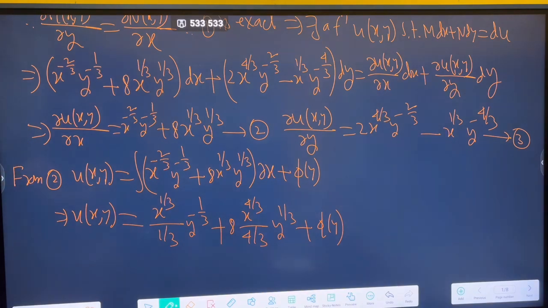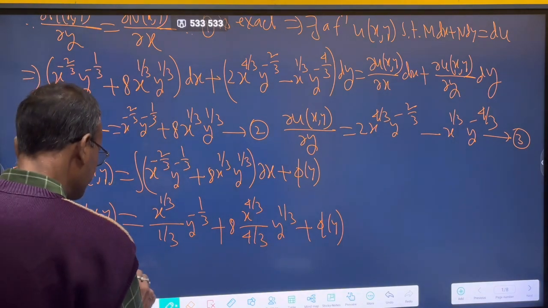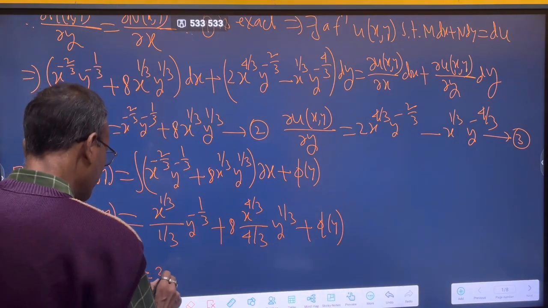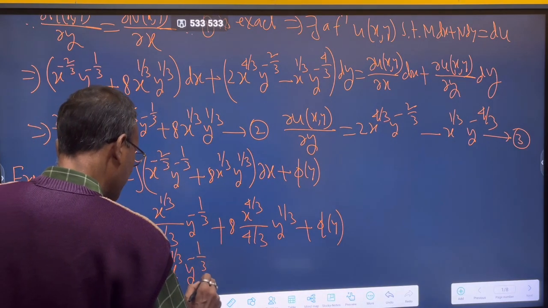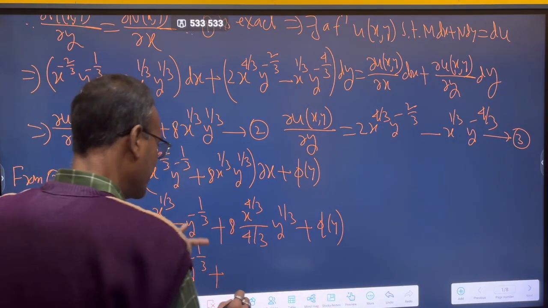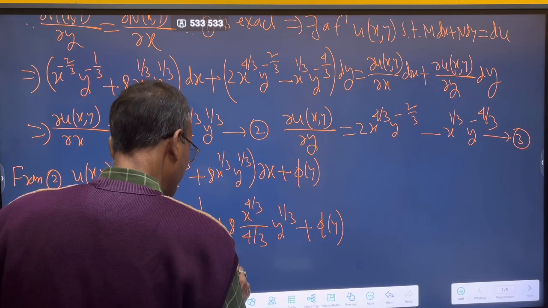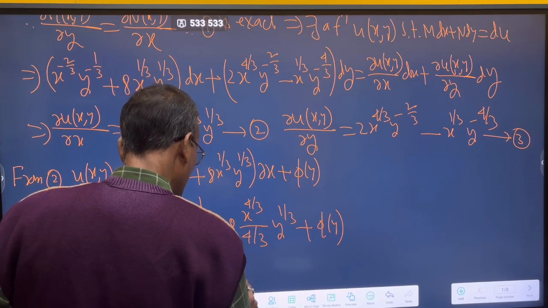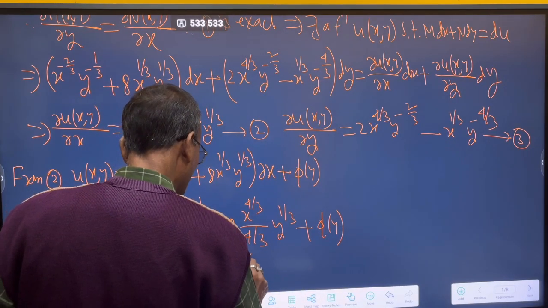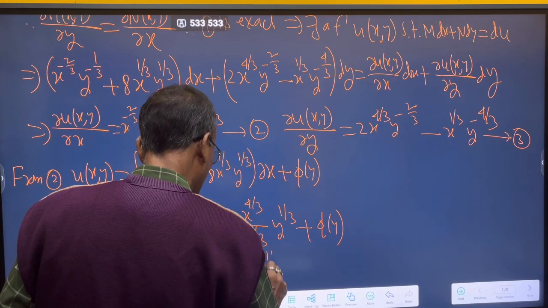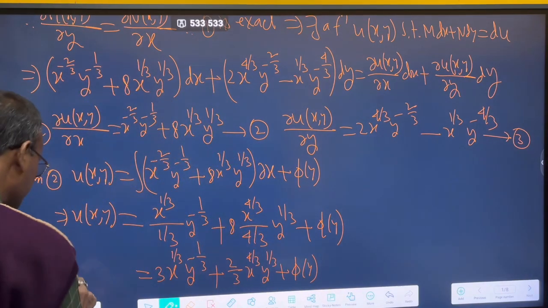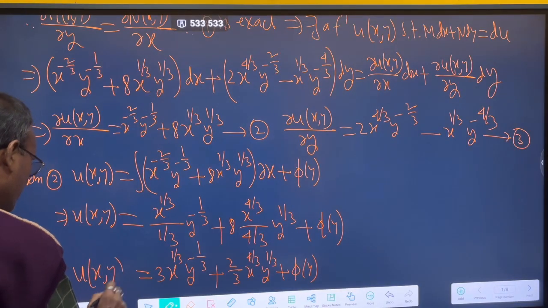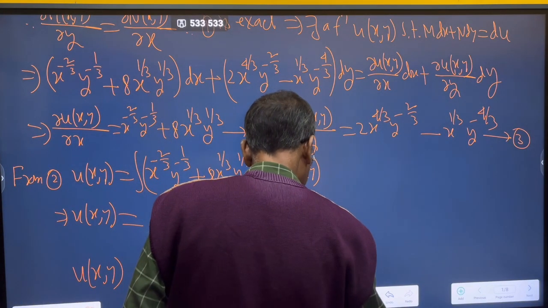You will get this one. This is equal to 3 x to the power 1 by 3 y to the power minus 1 by 3 plus 2 by 3 x to the power 4 by 3 y to the power 1 by 3 plus phi of y. u(x,y) will be equal to this. Suppose this is number 4.